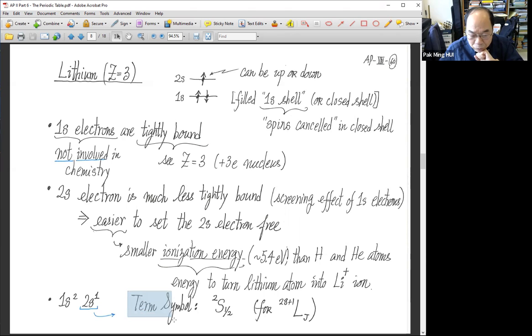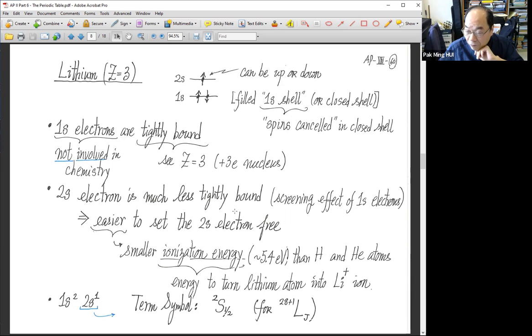Again, I would like you to work through the term symbol as long as you remember this is the symbol. So pair up, you don't need to worry about them, everything cancels. All you need to do is to do this. So this has to do with an S state, orbital angular momentum 0. So you have a big S in the middle. Okay, and then L is 0, you only have a spin half.